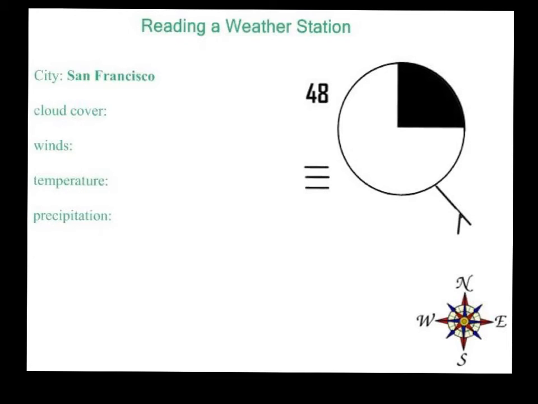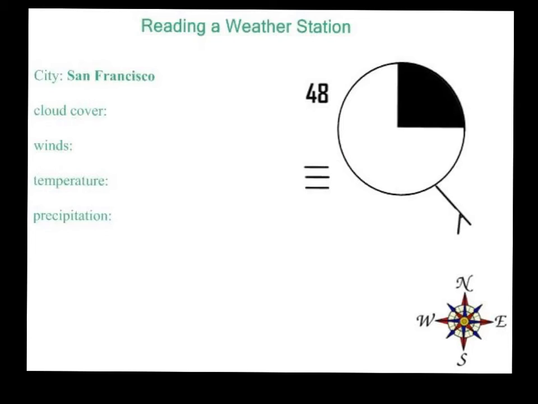Flip a few pages in your workbook until you get to reading a weather station, and then the city says San Francisco. Using that key that we looked at a few slides ago, on the 2 pages before, you need to identify how much cloud cover this weather station is showing. Please fill in that blank.